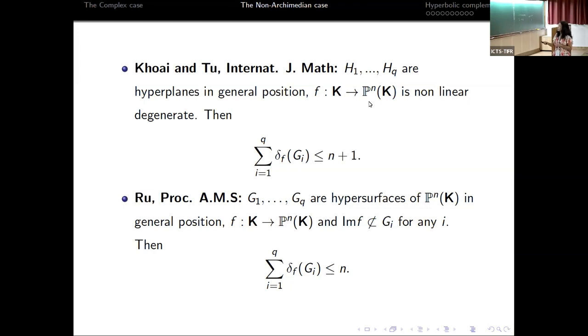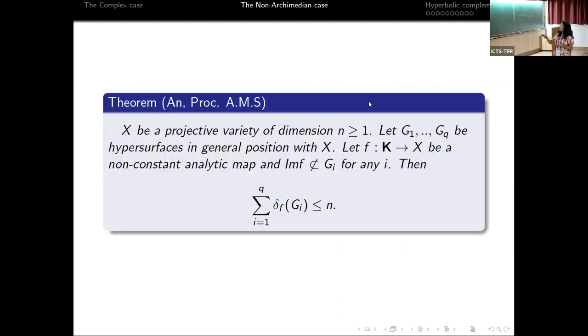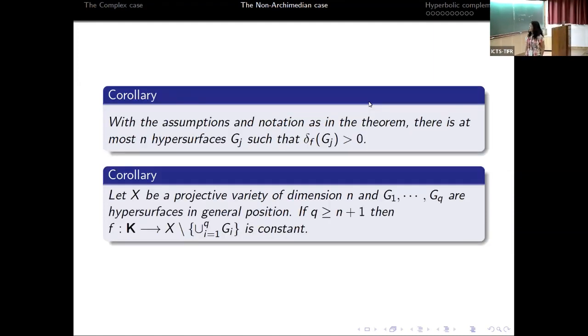So the question is, if we consider any variety, what is the bound here? This is my result. I replace projective space by any projective variety of dimension n, and I also get a strict bound here. As a corollary, from that result we can also say something very strong: there are at most n hypersurfaces such that the defect is bigger than 0.